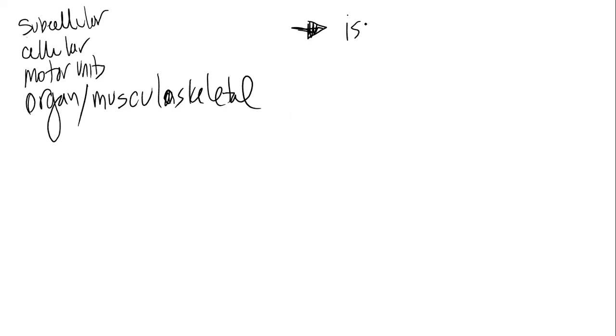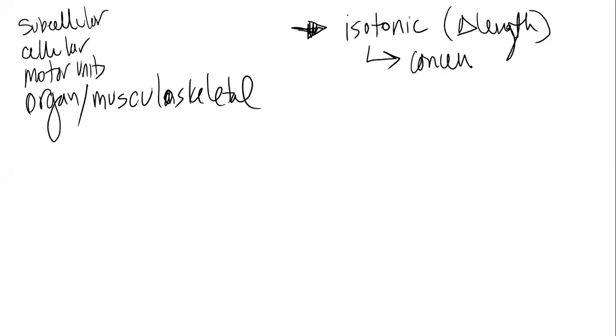So if you have a muscle maintaining the same tone, that means that it's going to be changing its length. And there's two ways it can do that. It can lengthen or it can shorten. So when it shortens, that's concentric. And if it lengthens, oh God, that's eccentric.